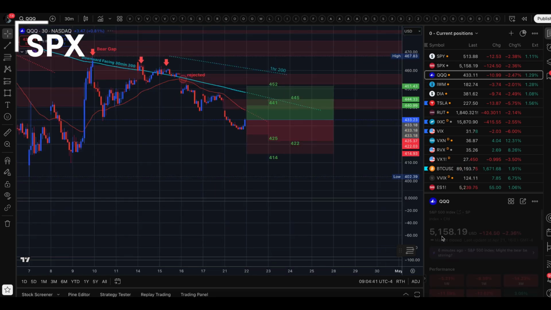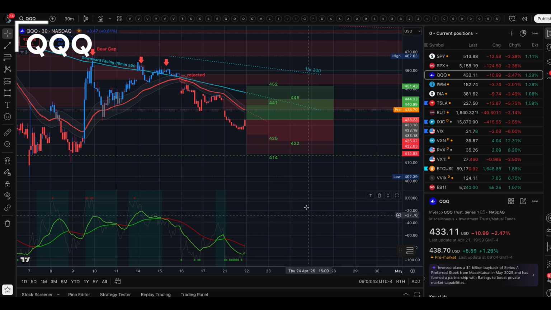All right, QQQ. The implied move here today is between 425 to 441, 422 to 445 on tomorrow's contract. 30-day average volatility, 414 to 452. Now, I didn't add that average, so let's do that real fast. 414 plus 422 plus 425 is 1261 divided by 3. 420 is going to be the strike on the downside right here.